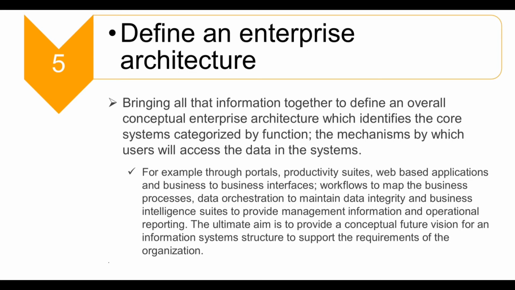In here, we bring all that information together to define an overall conceptual enterprise architecture which identifies the core systems categorized by function, the mechanisms by which users will access the data in the systems, for example, through portals, productivity suites, web-based applications, and business-to-business interfaces, workflows to map the business processes, data orchestration to maintain data integrity, and business intelligence suites to provide management information and operational reporting.